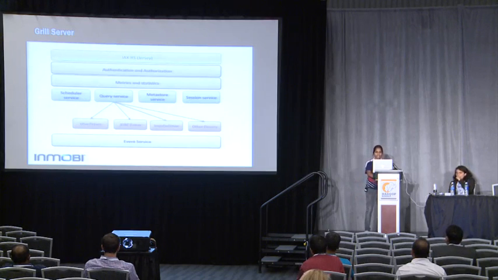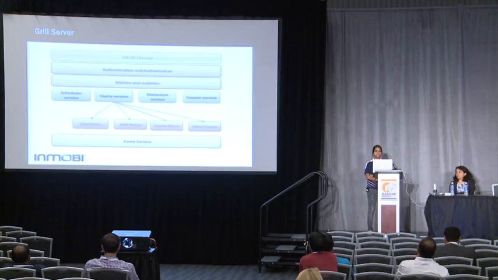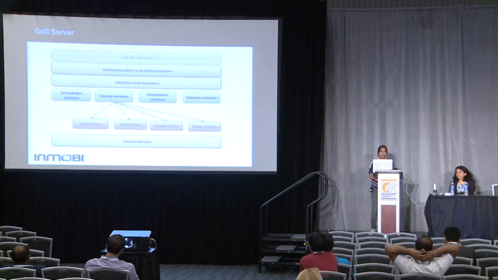So I'll get more into the Grill server. Grill server has JAX-RS as the REST API that users can come through, and it has authentication, authorization, metrics, and then a scheduling service where users can schedule queries to run, say, on the first of every month, or the first day of the week, every Monday.